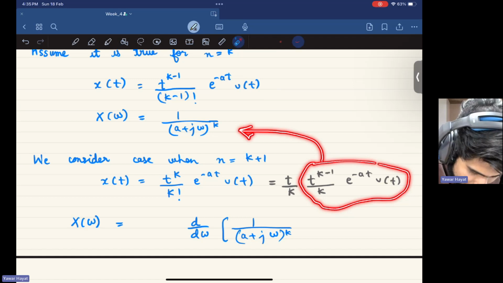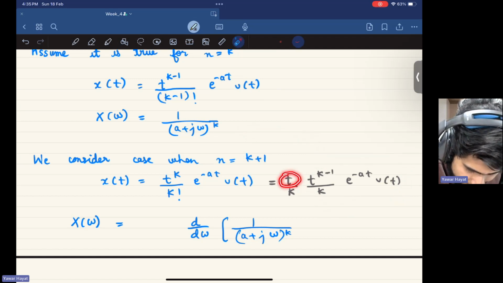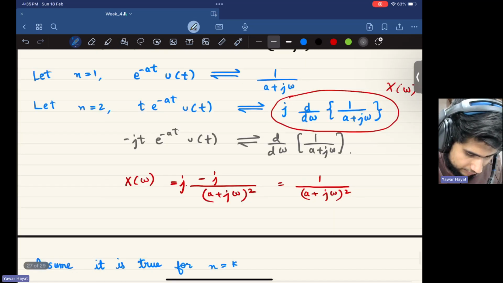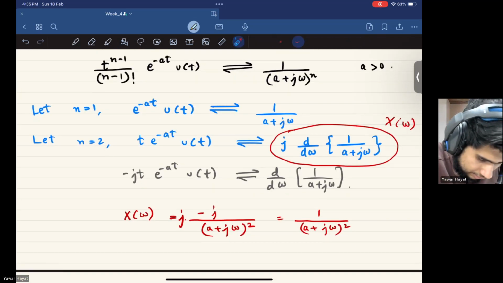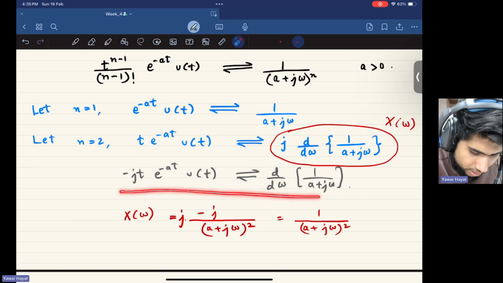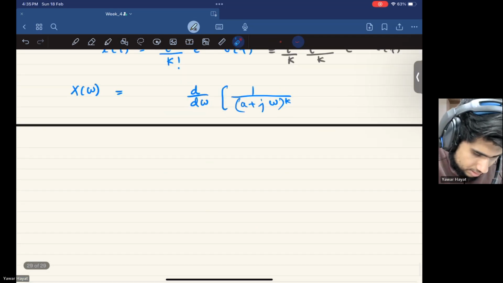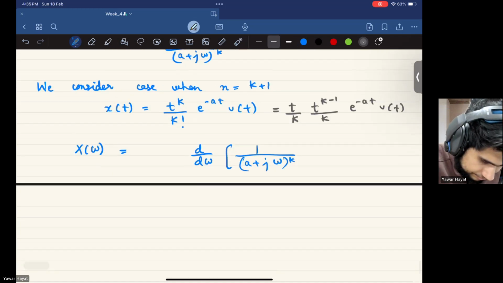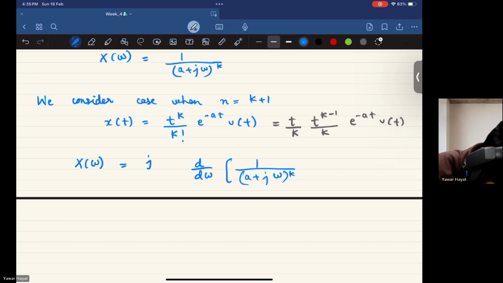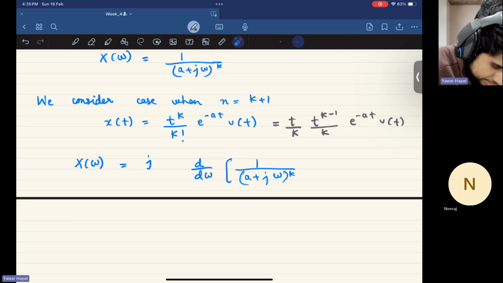So what should be the result when it's multiplied by t, like we did for this case, right? When it's multiplied by t, there is a factor j. This is nothing but a corollary of this. So this j is because of that t, and this k would remain as such.